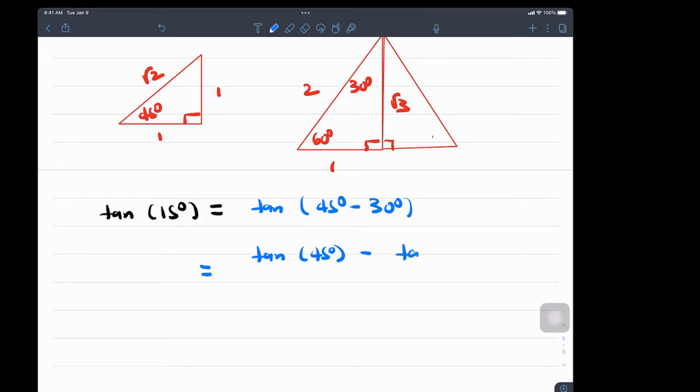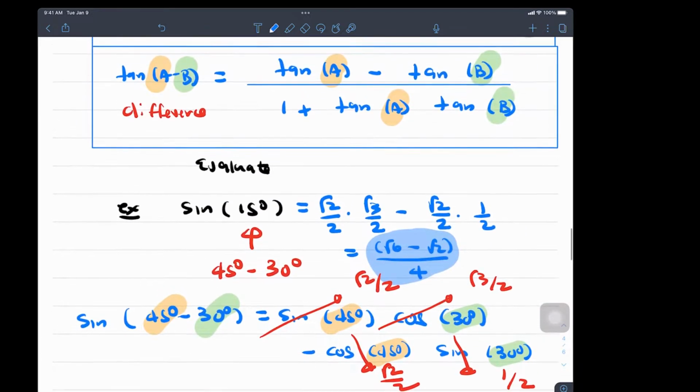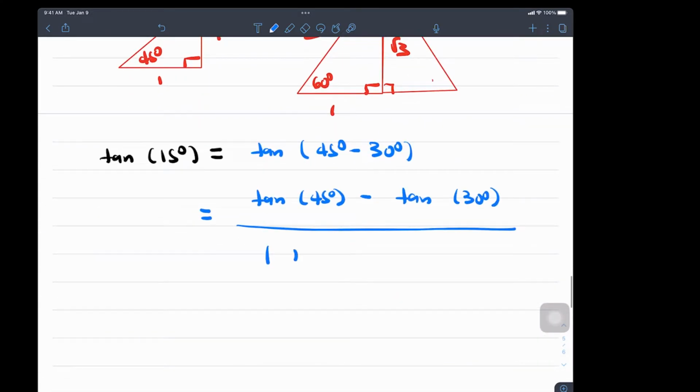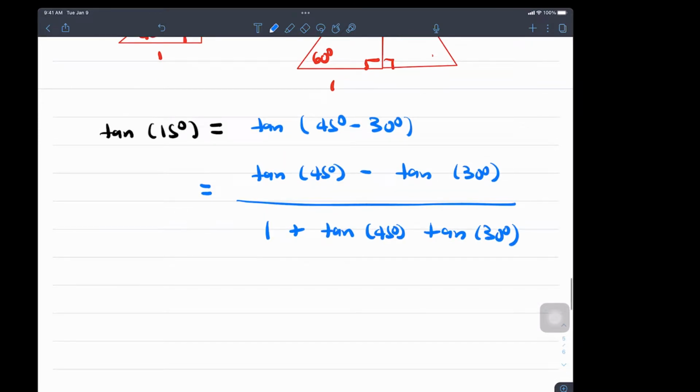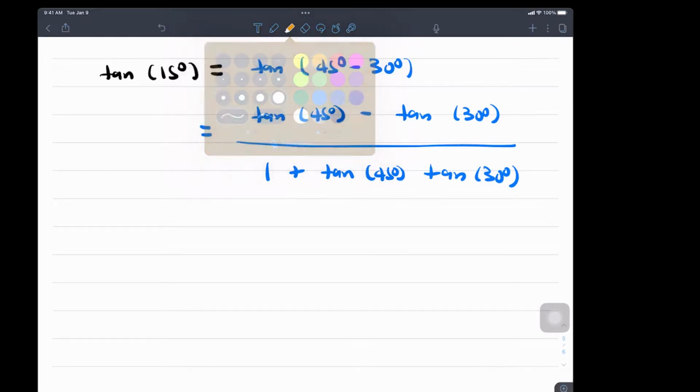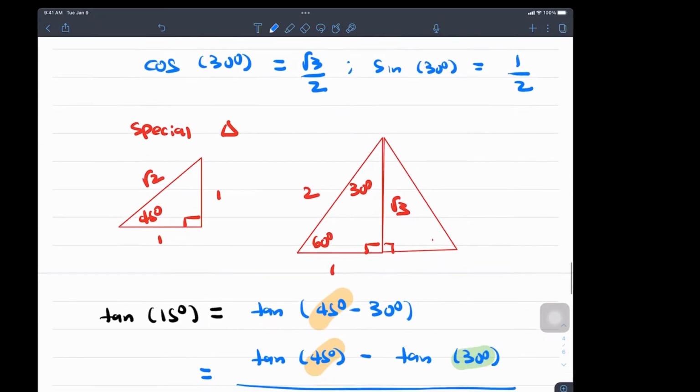Tangent 45 minus tangent 30, over 1 plus tangent 45 times tangent 30. So what's tangent of 45?